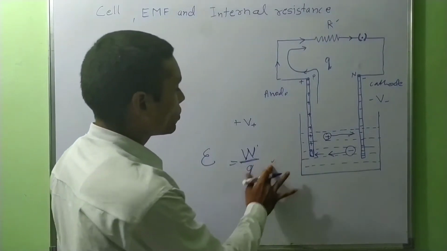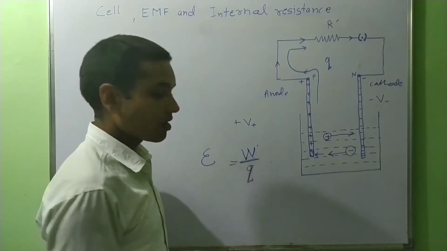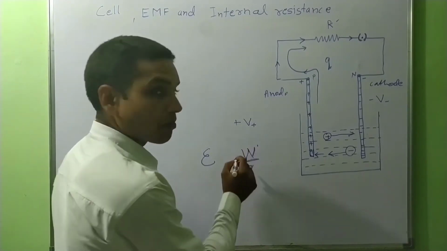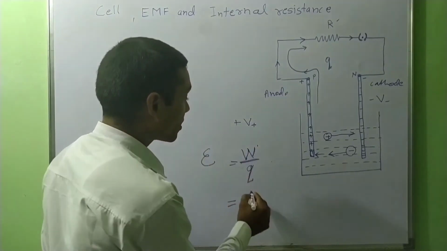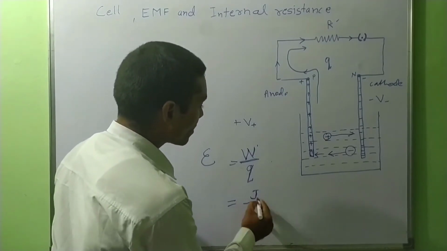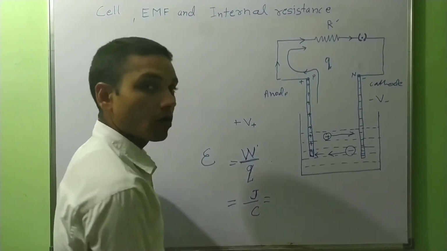So what is the unit of electromotive force? The SI unit: the unit of work done is joule, and this will be joule per coulomb.